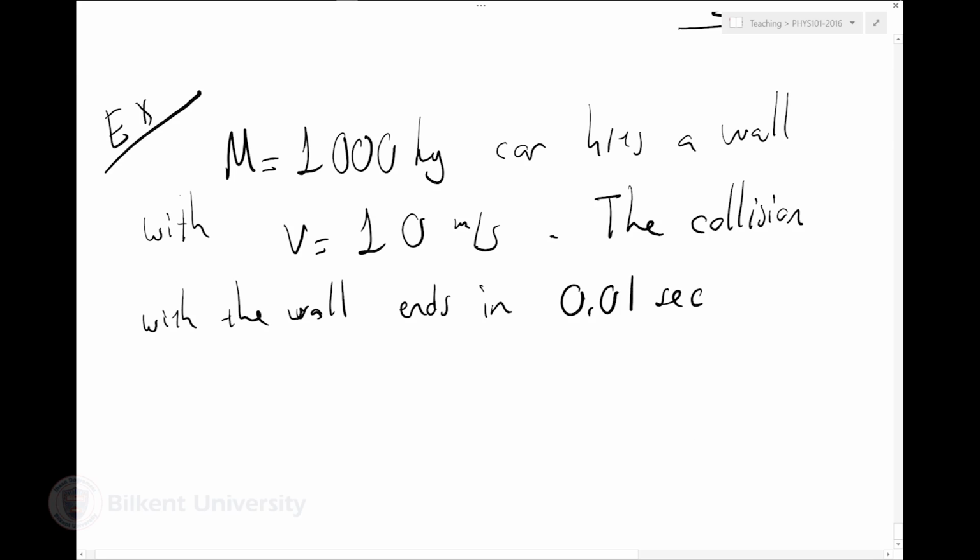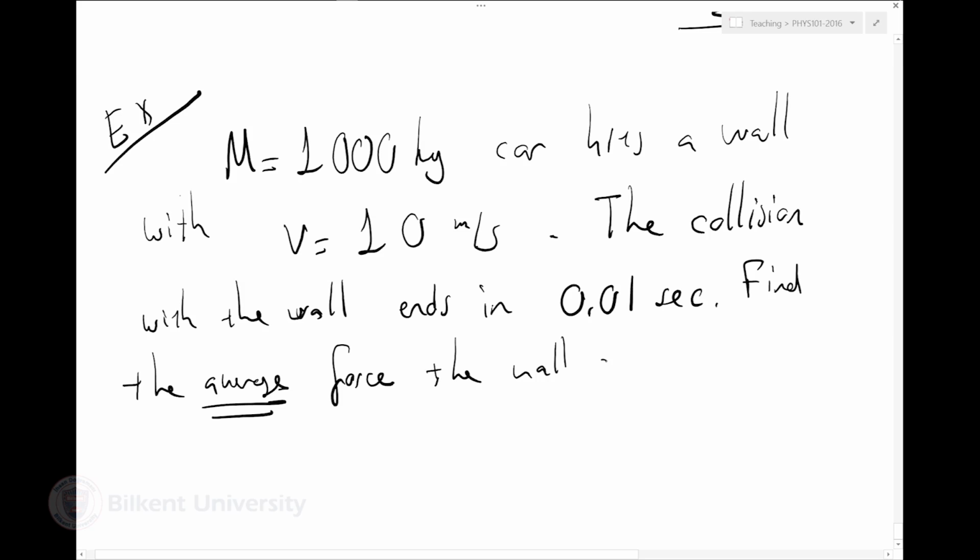So from 10 meters per second to 0 meters per second, the car goes in 0.01 seconds. Find the average force the wall acts on the car during the collision.